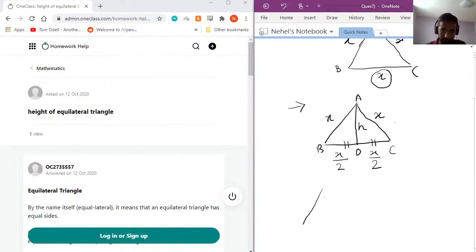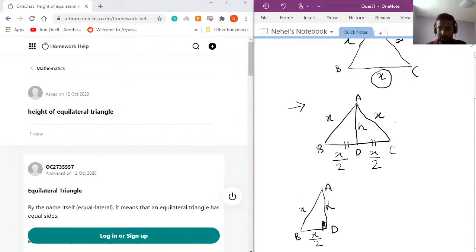If I just look at the left hand triangle of the equilateral triangle, we're left with A, D, and B. This is X, this is H, and this is X over 2. This is a 90-degree angle, because since the point D is intersecting at the middle point, it always forms a 90-degree angle with the line BC.